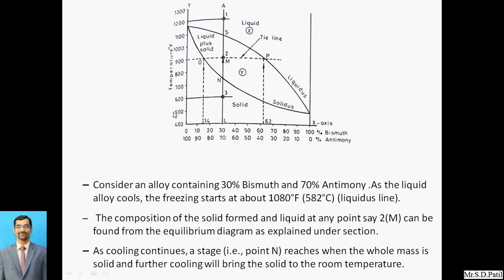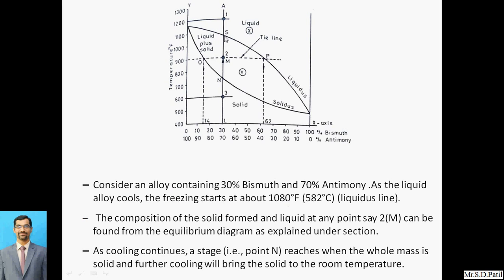So this is the temperature range in degrees Fahrenheit. So where is 1080? We can see here that 1080 degree temperature, whatever the S point we are obtaining. So here the liquid alloy cools and freezing starts at 1080.